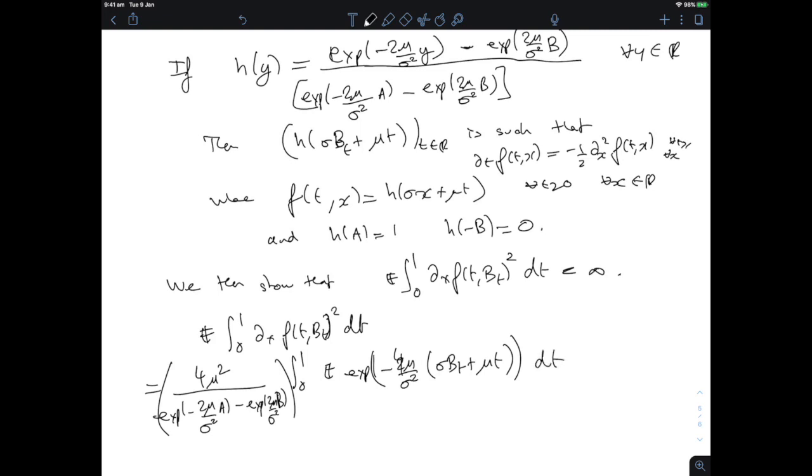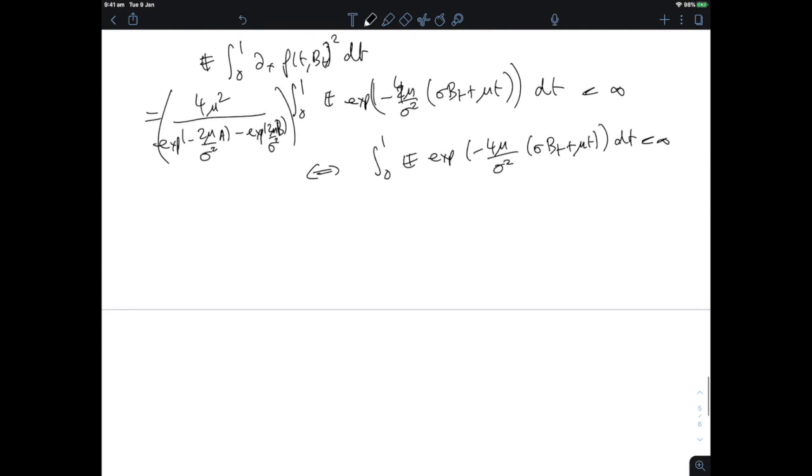Okay, now I really don't care about that number at the front, because all I'm trying to show is that this is finite. So this is finite if and only if the integral from 0 to 1 of the expectation of the exponential of minus 4 mu over sigma squared times sigma bt plus mu t dt is finite. So let's do this computation.